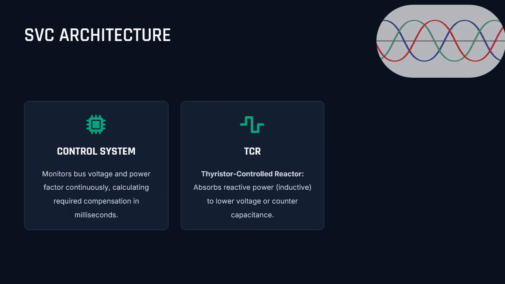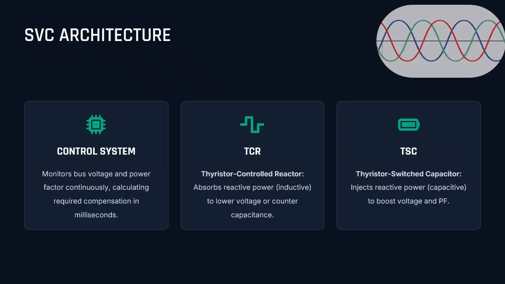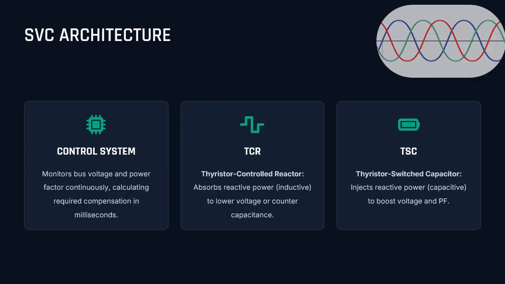And third, the thyristor-switched capacitor, TSC, acts as the capacitive element, injecting reactive power. The combination of the fixed TSC and the continuously variable TCR allows the SVC to provide a smooth, flexible reactive power range.